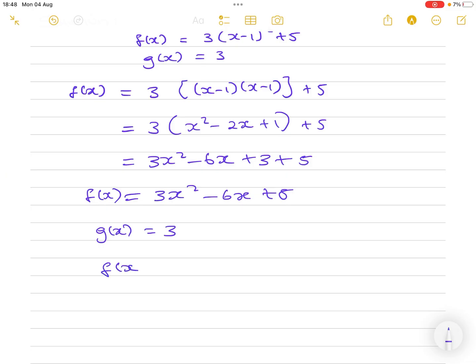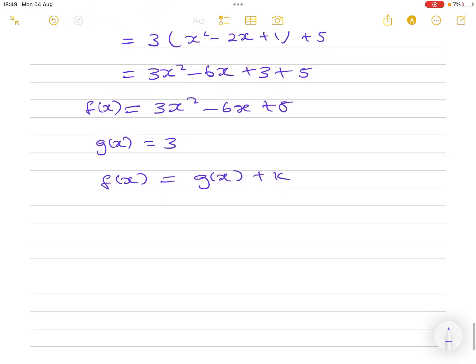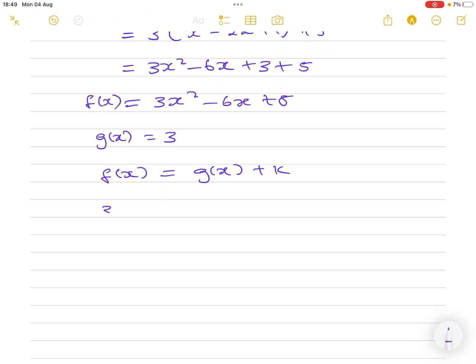Now when I equate f(x) with g(x) plus k, I have 3x squared minus 6x plus 8 equal to 3 plus k.